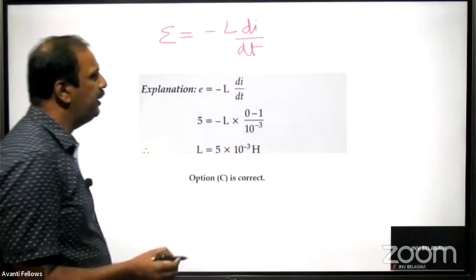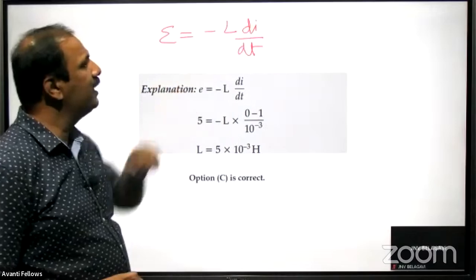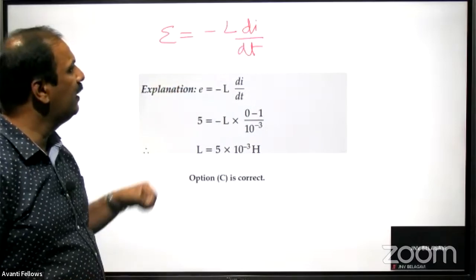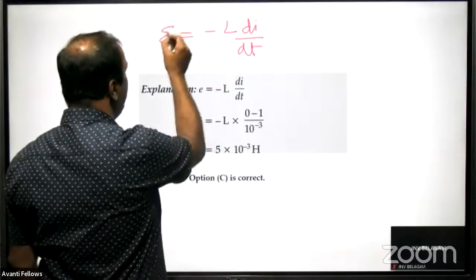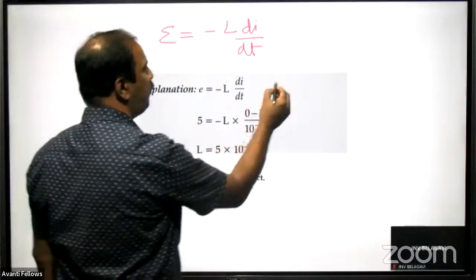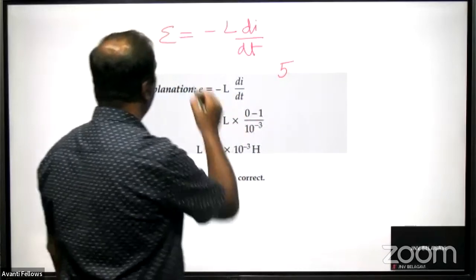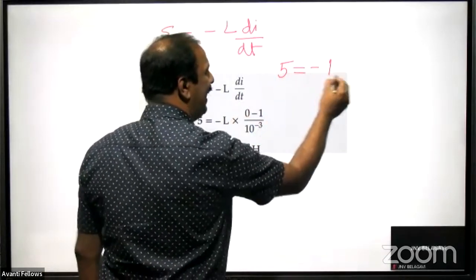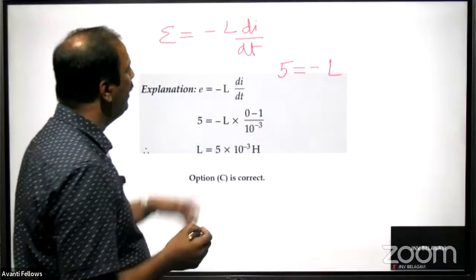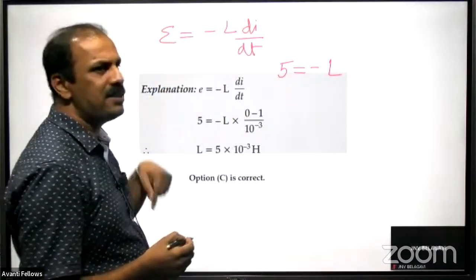This is the equation which we did in the morning. What is di? Di means the change in current. So our equation, this EMF E is 5. It is already given. EMF is 5, which is equal to minus L, then di by dt.